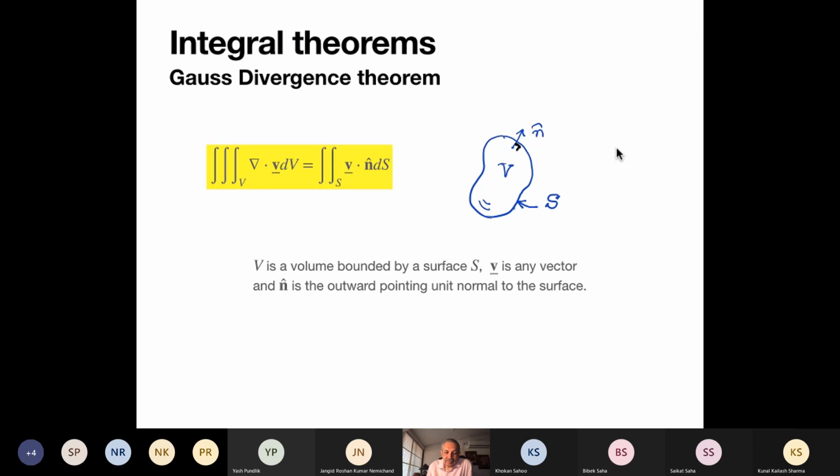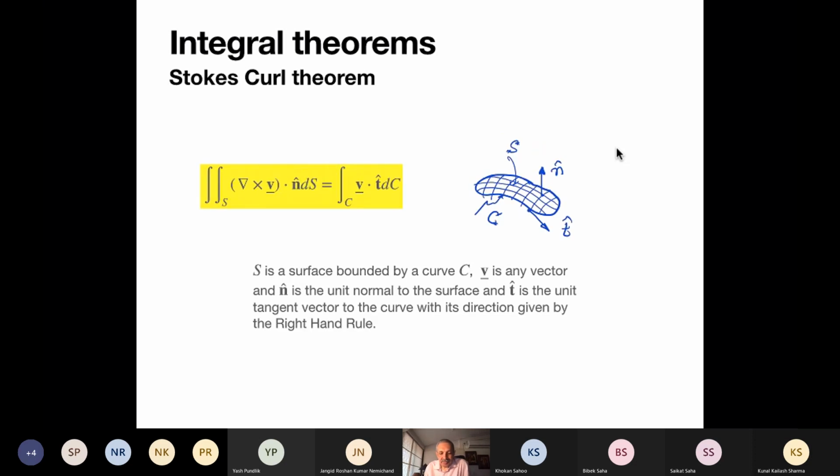And similarly, there is another important one called Stokes' curl theorem. Here you reduce a surface integral into a line integral. So if you have the curl of any vector v dotted with n, where n is the unit normal to the surface, integrated over the entire surface, then this quantity can be simply obtained as the line integral over the curve C of v dot t, where t is a unit tangent vector to the curve.